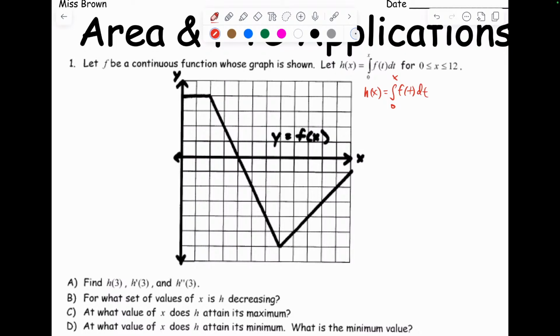What do you think H3 is? Can somebody figure out what H3 is? Yes. 2. No. Good try.